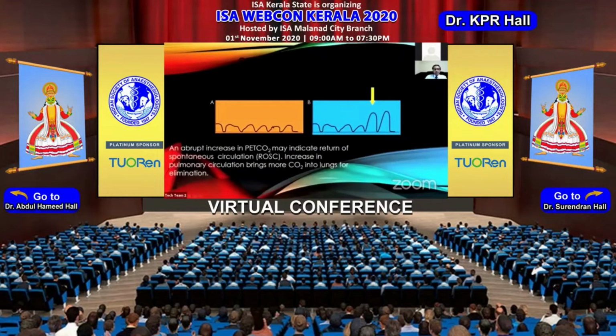When CPR is being administered and there is a sudden return of spontaneous circulation, the cardiac output increases. As shown in the earlier animation, there is a sudden increase of CO2, and this indicates return of spontaneous circulation. So this is another advantage of using capnography during CPR.